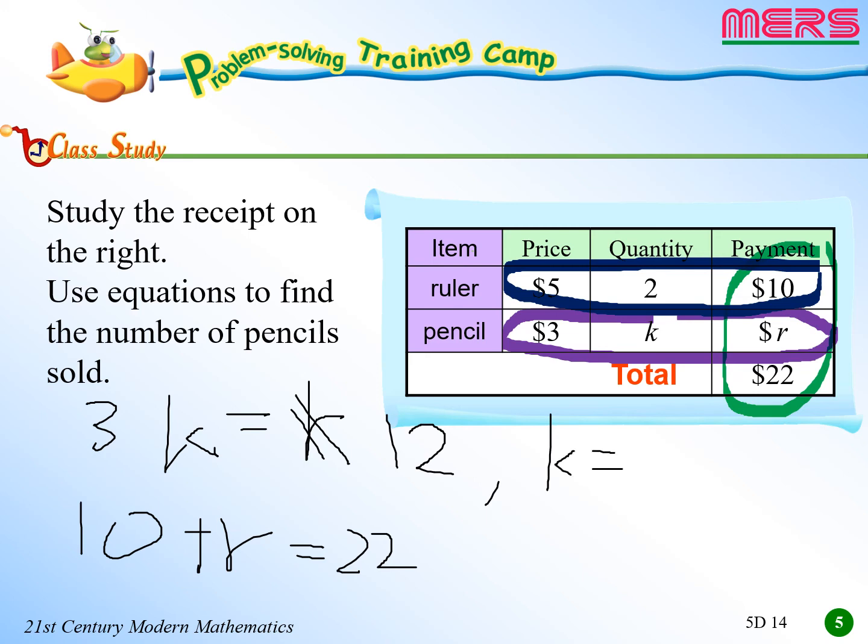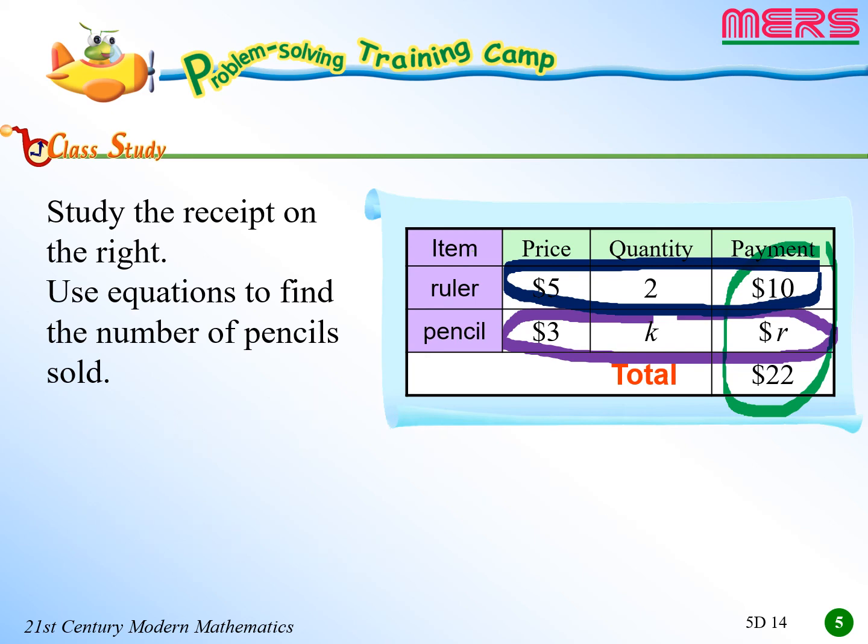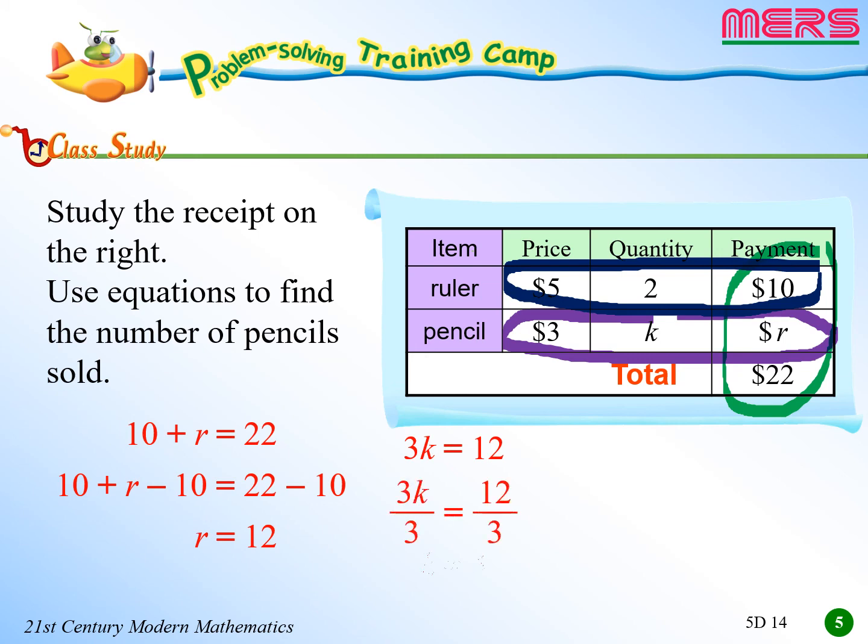So K equals 4. So there are 4 pencils. In order to find K, we have to find R first by setting equation 10 plus R equals 22. After finding R, we can write another equation, 3K equals 12. So you got the answer, 4 pencils were sold.